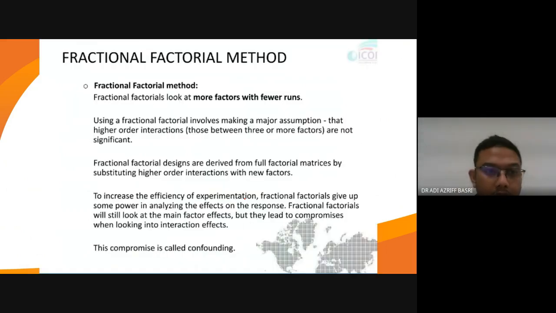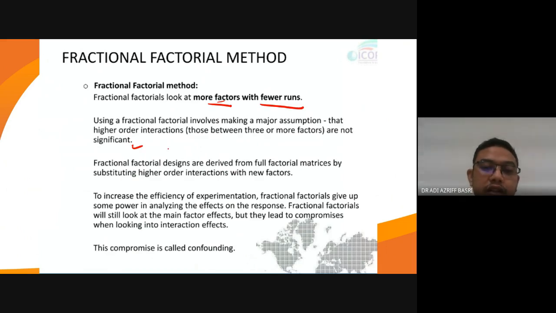Okay. Another one is the fractional factorial method. Fractional factorial suits more factors with fewer runs. So you have more factors, but you want to do it in fewer runs. Using fractional factorial involves making major assumptions that higher order interactions, those between 3 or more factors, are not significant.